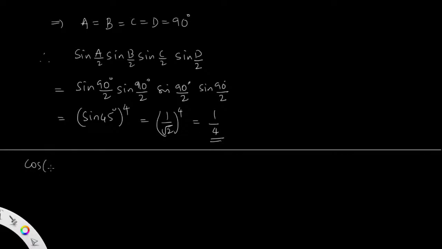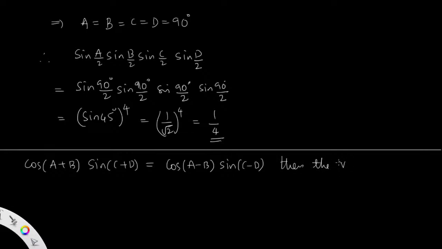So cos of A plus B into sin of C plus D, which is equal to cos of A minus B into sin of C minus D. Then the value of cot A, cot B, cot C equals dash.